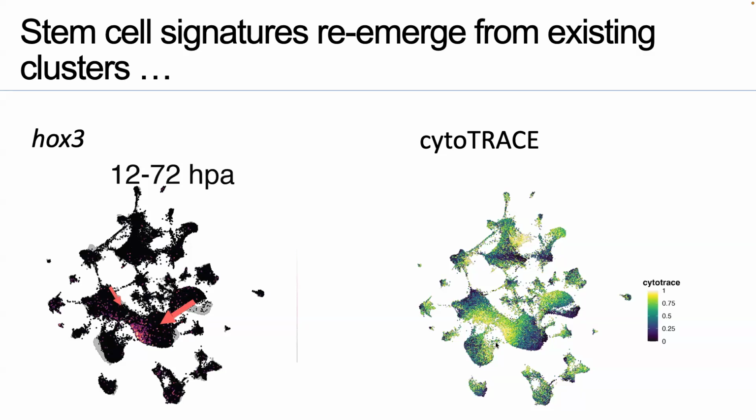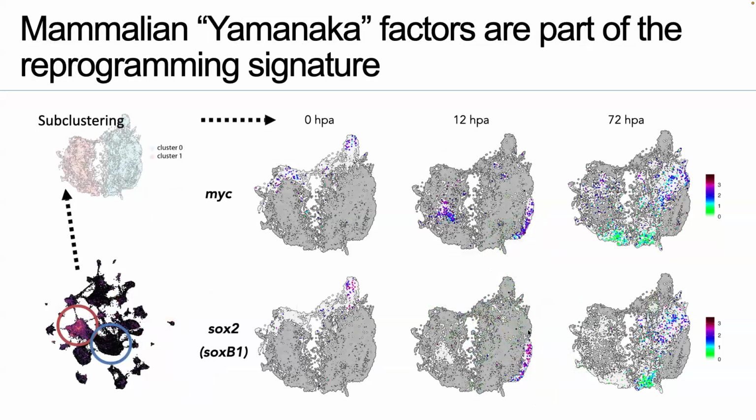And now, intriguingly, when we follow the lineage, the early steps in this process, we've done this in the publication for the first 12 hours, and then later, we see that there's a very quick activation of two genes that are orthologs of two of the Yamanaka factors. One of them is called MYC, the ortholog of c-MYC, and this other one is called SOXB1, the one-to-one ortholog of SOX2.